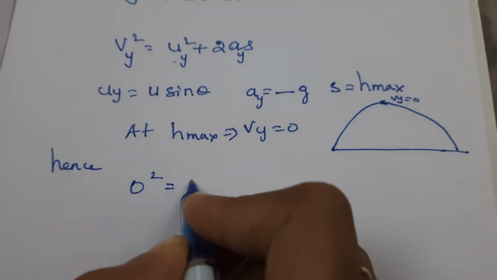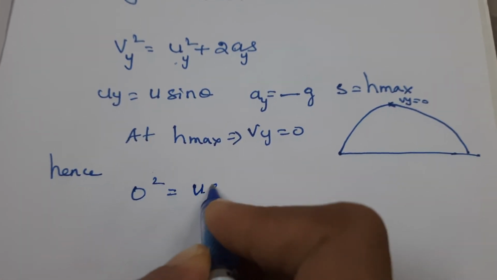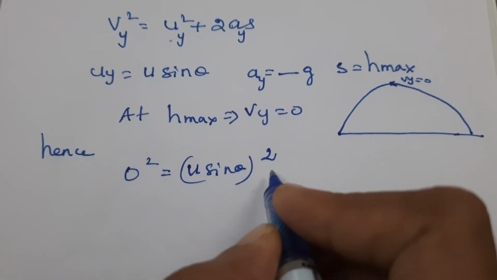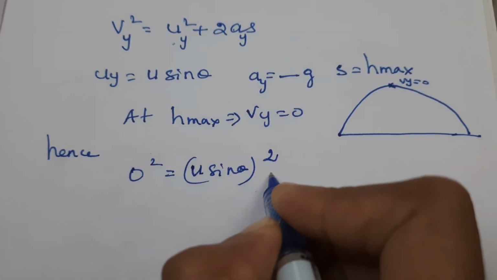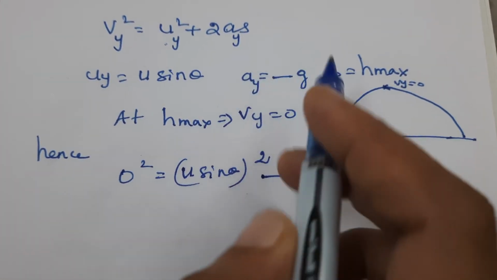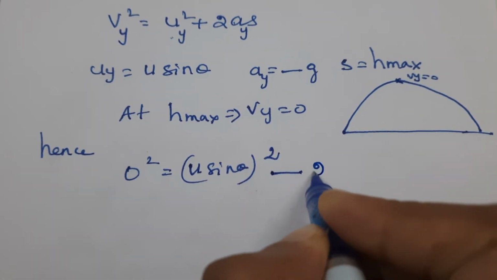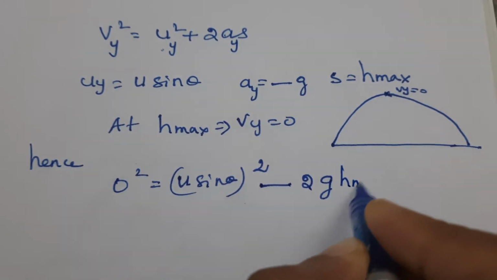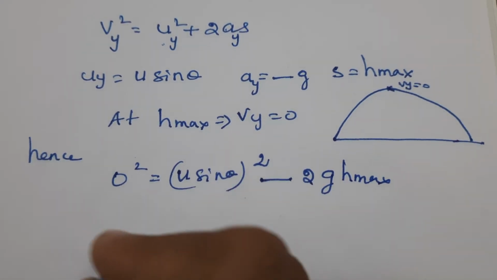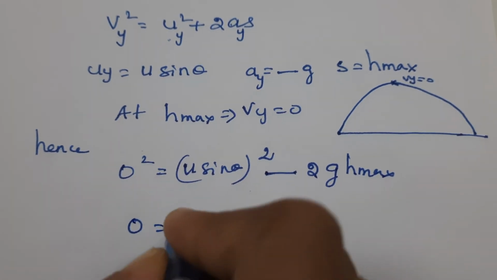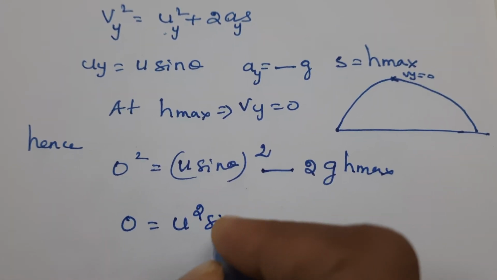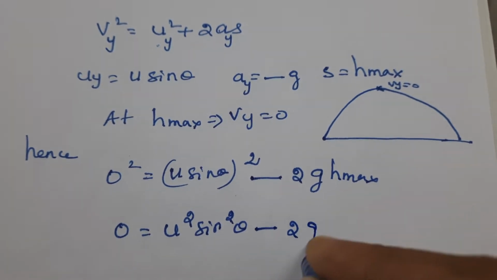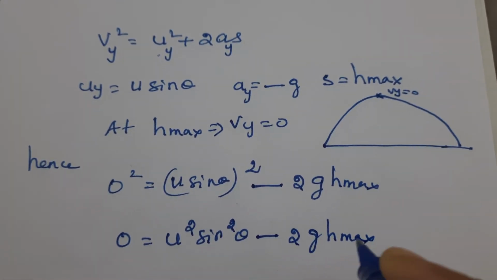So 0 square equal to what is uy? u sin theta, so u sin theta whole square, plus 2ay s. ay is minus g. So we can write minus 2g into, instead of s, we have to put h max. So 0 equal to u square sin square theta minus 2g h max.